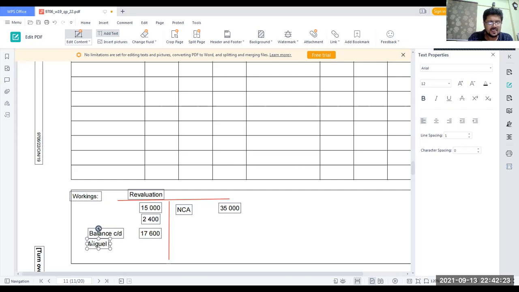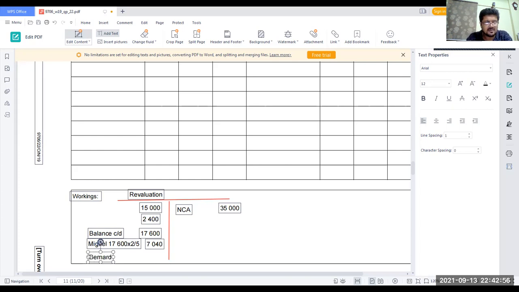Miguel will get how much? 17,600 multiplied by 2 upon 5. So that would make how much? 17,600 multiplied by 2 divided by 5, 7,040. And how much will the next one, Bernard, get?